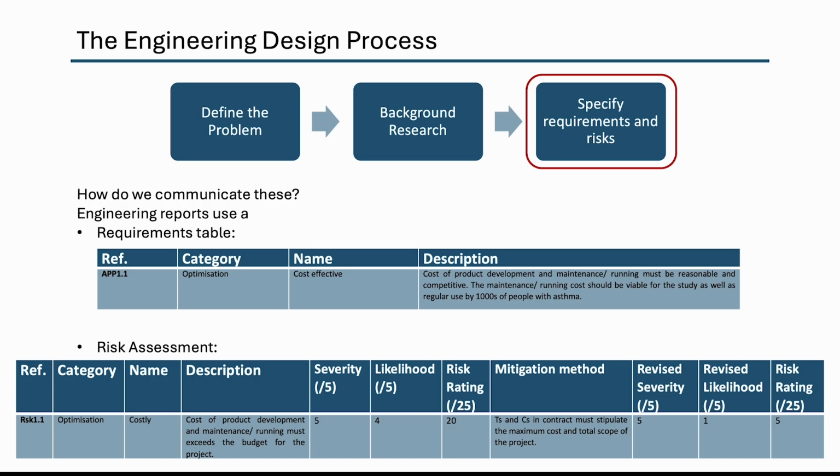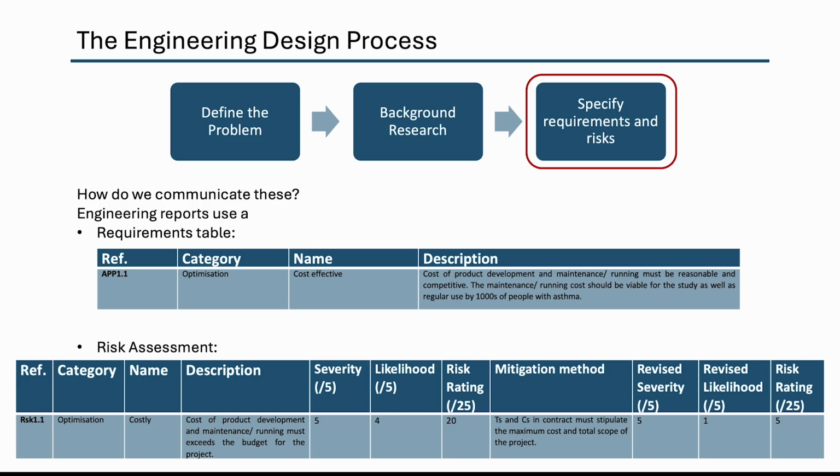But generally the process that you go through is similar, where you give it a reference so it's easy to refer to, you give it a category, so an overarching domain, whether that be the project risk or the user risk, etc. The name, the description, you give it a severity score out of 5, a likelihood score out of 5, and then a total risk rating out of 25.